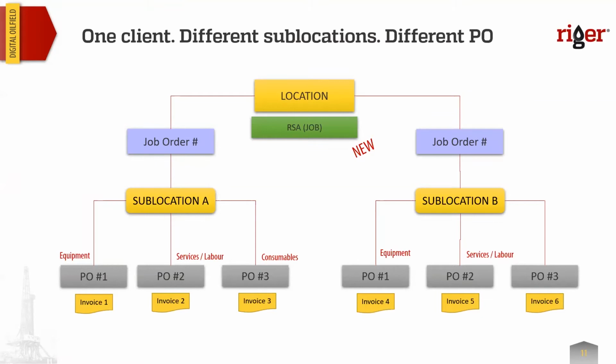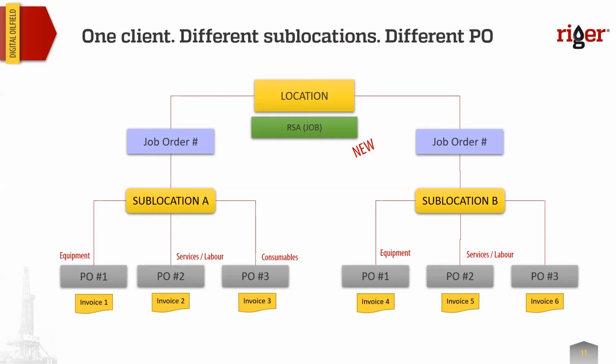Still, we have a location, a bigger location, we have sub-locations, but say our customer issues job orders or work orders for each sub-location. And on top of that, we may have different PO numbers separated by type of equipment or type of services, or sometimes it may be a separate PO number for the consumables that you provide to your customer.